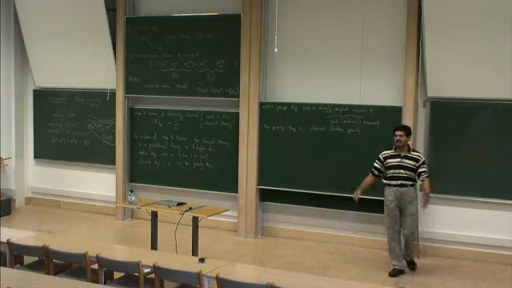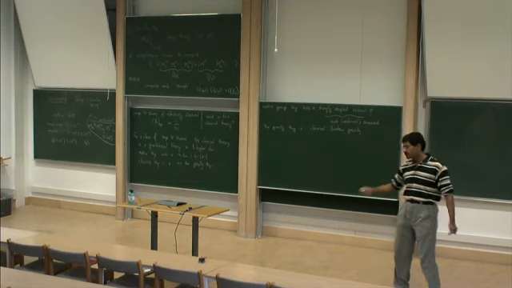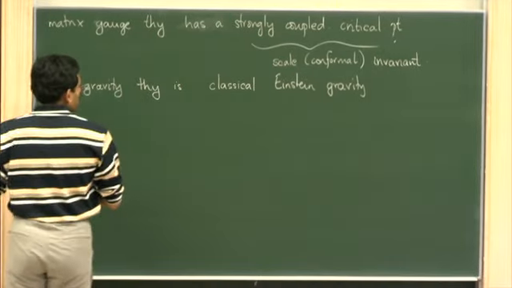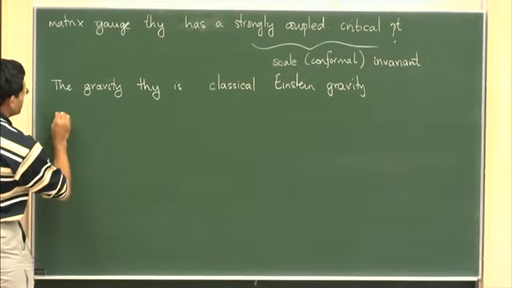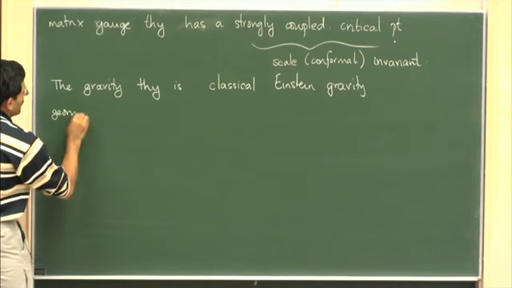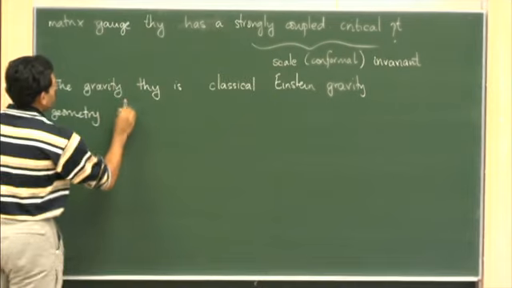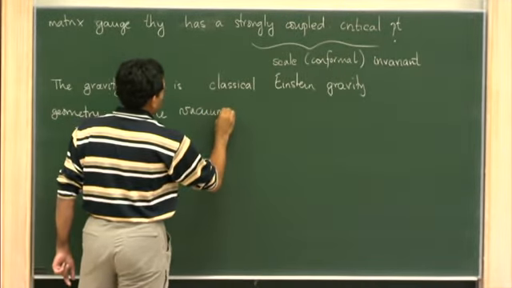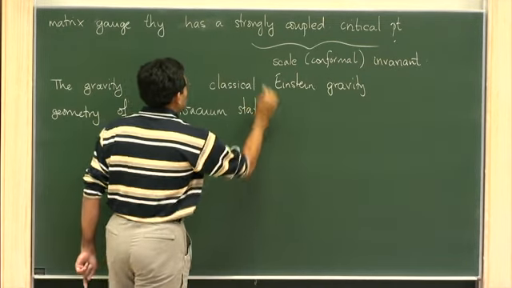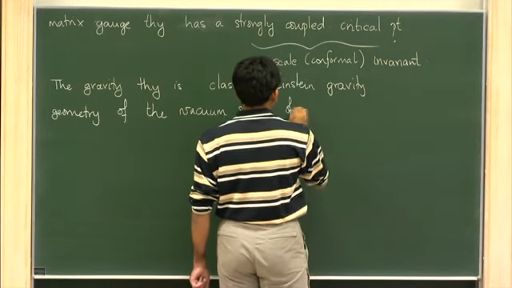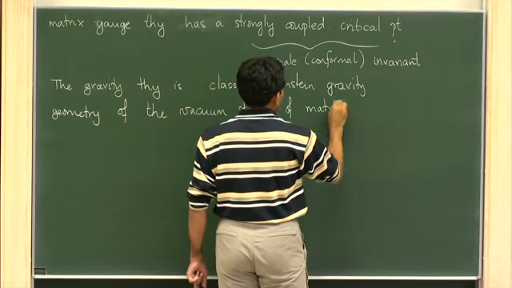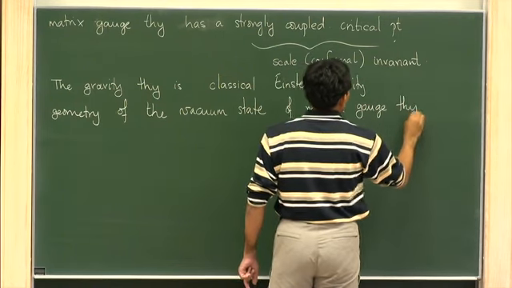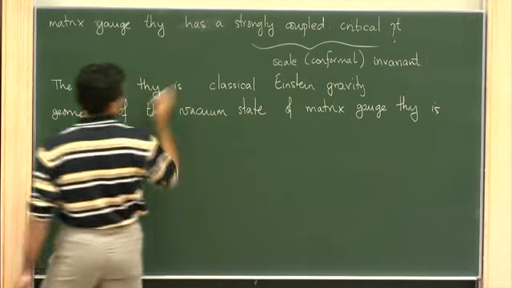The kind of gravitational physics we see in our real world, but relativistic, because the theories I'm talking about are relativistic, and the geometry of the vacuum of my matrix gauge theory is quite simple. It's completely determined by the symmetries.